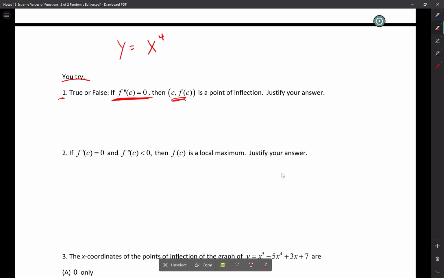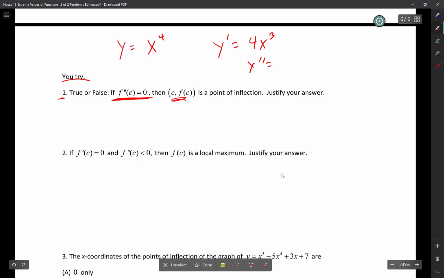Don't worry, we'll get everyone here. X to an even power, they all look the same: x squared, x to the 4th, x to the 6th, x to the 8th. The only difference is it's getting skinnier and skinnier, but they all look the same. So look at this one, guys. My first derivative, 4x cubed.